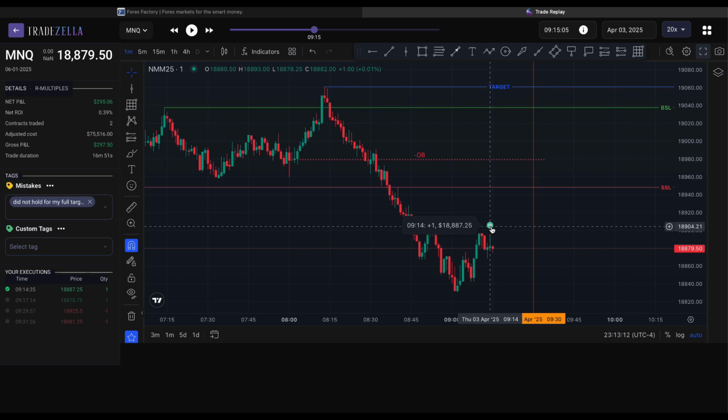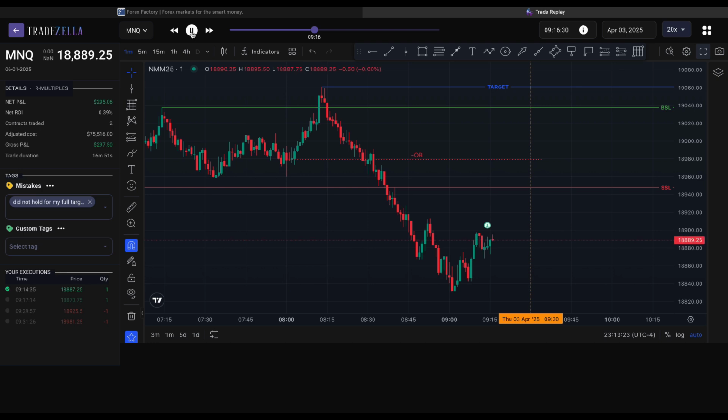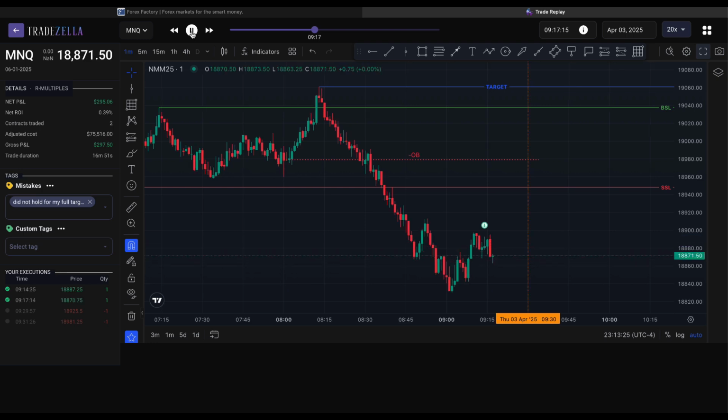First entry here, I got in a little high, but I got in based off of this 1 minute fair value gap. 9:17 here, like I showed you on TradingView. Here's the best entry. We came back below 50%, inside of the gap, tap this order block, 9:17, best entry.